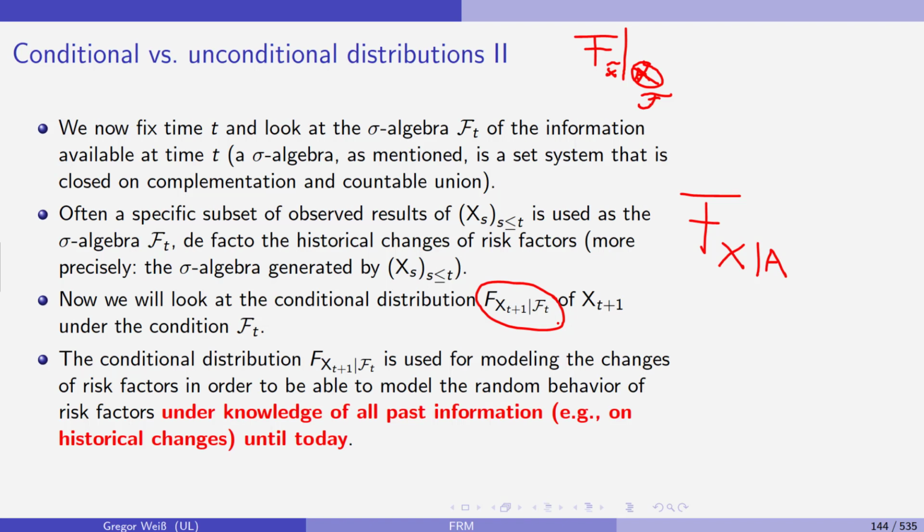This is the stochastic model for the idea that every time you have one day of additional data, you have to adapt your model to this new information. And this is also why we call this the sigma algebra that is generated by X_s. You don't need to remember this, but if you ever see this, or if you're studying economathematics, financial mathematics, then you probably know what is meant by this.